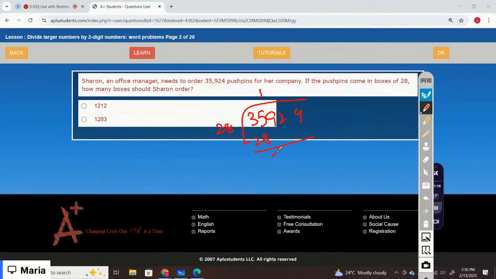28 times 1 is 28. 28 times 2 is 28 times 8 is 224.